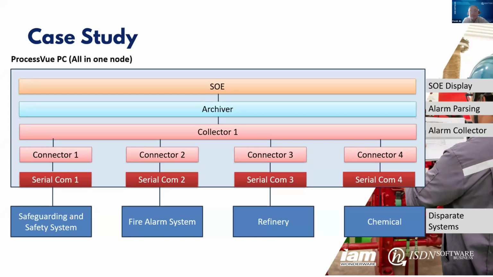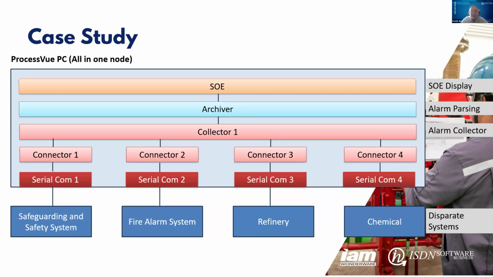This case study is for one of our clients, which handles liquid storage for chemicals, gases, and fuels. What's important is that they need to be compliant to the industrial standards in order to increase plant safety and the effectiveness of their alarm systems. So this is what we have from the disparate systems.